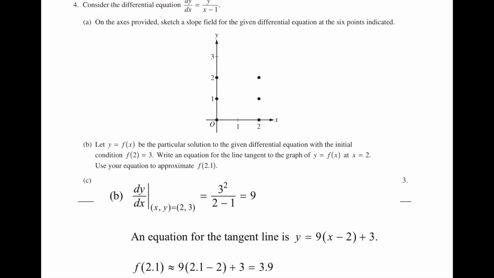So we have our equation. Now the final part of the question says that we want to find f of 2.1 using this line. We just substitute the value for x and we get 3.9. So basically, when you see dy over dx, that means this is the formula for the slope.